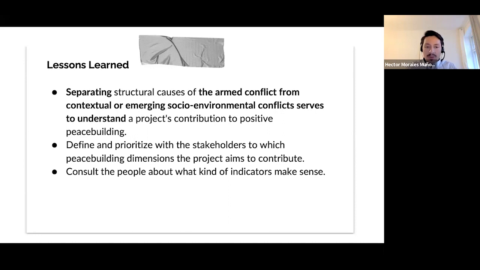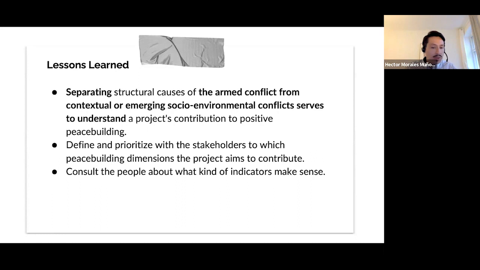Also, it is important to define and prioritize with the stakeholders to which peacebuilding dimensions the project aims to contribute, whether that is socioeconomic inclusion, or developing peace dialogue scenarios, or transitional justice, the reincorporation of former combatants, etc.